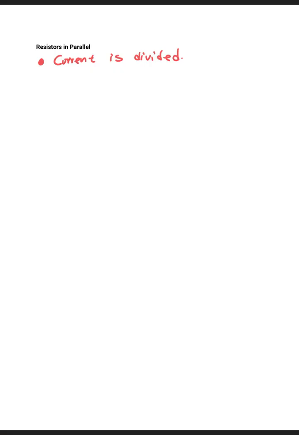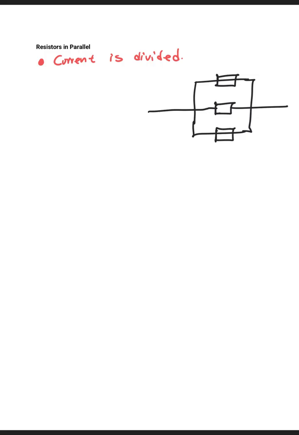I'm going to draw a parallel combination. Let me use a black marker. So I have a circuit here, and then we have a resistor, and a resistor here, and another resistor here.